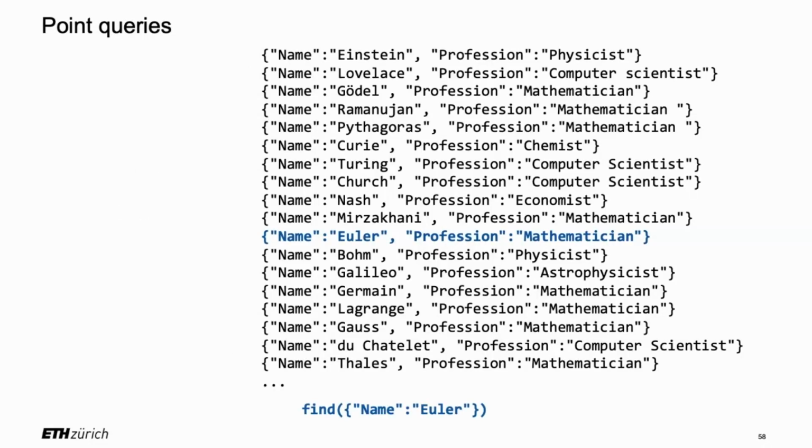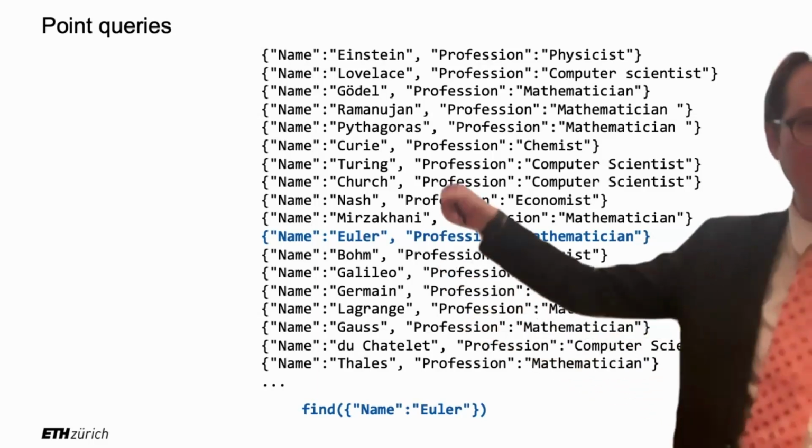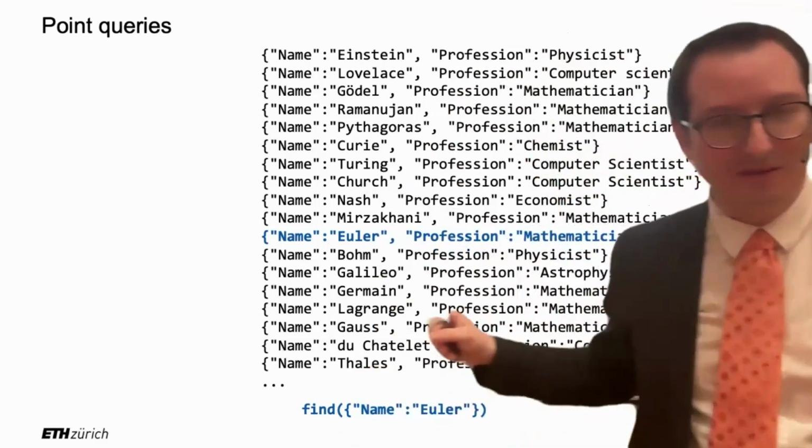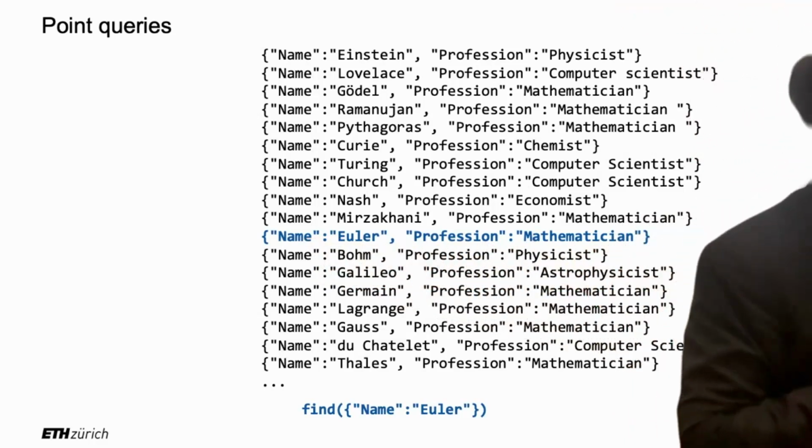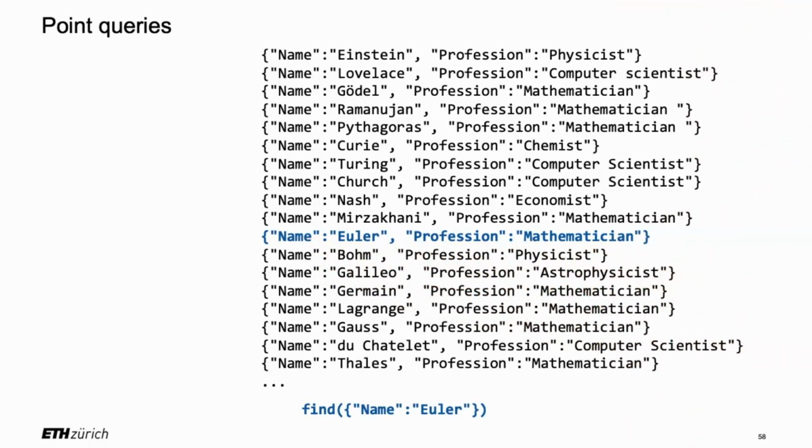Maybe we know the primary key, and if this is a list of scientists, then we look for Euler. That is just one object, right? That is called a point query. A point query is a selection that is highly selective, so highly selective that typically you just have one document, one record. So this is a point query.